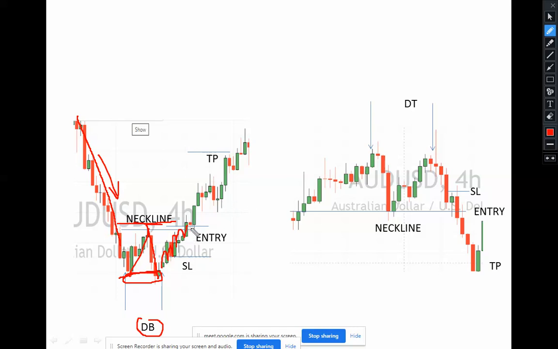So you see that when you buy here, your stop loss is the next low, and your target is here. You can target a 1 to 1 risk reward ratio, or 1.5, or 2.